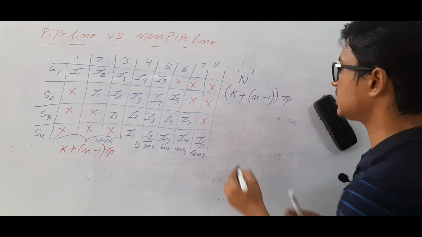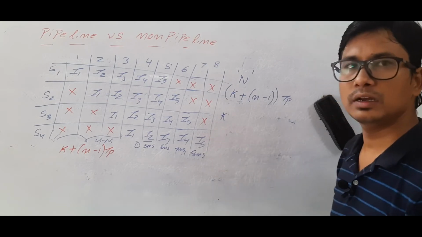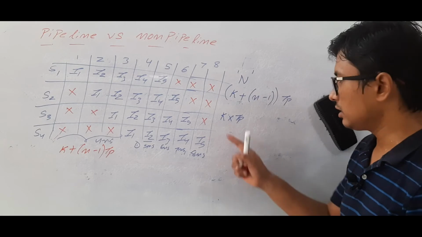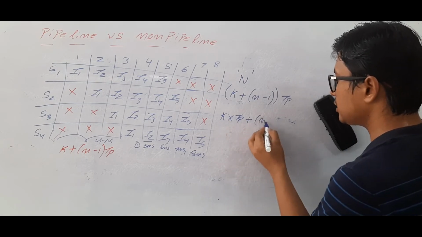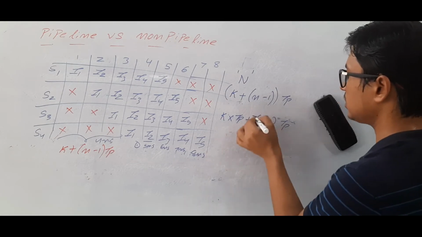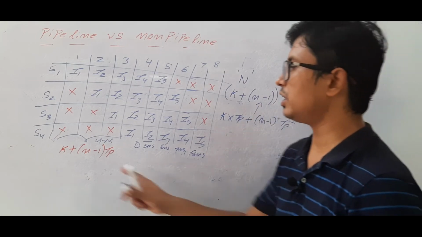Are you able to understand? So one instruction will take k into Tp and the remaining n minus 1 instructions will take (n minus 1) into Tp. So I got this formula. So that is what I have written.